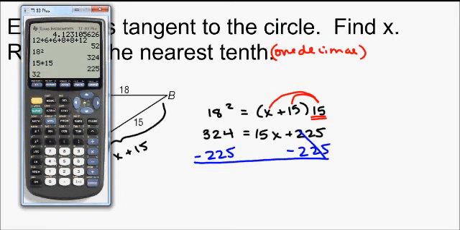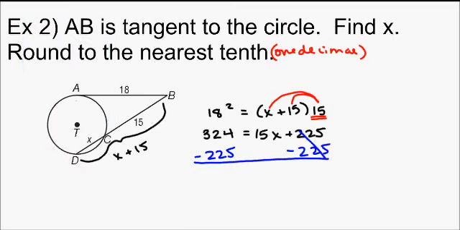So 324 minus 225 is 99. So 99 equals 15x. Now we're going to divide by 15 to get x by itself.